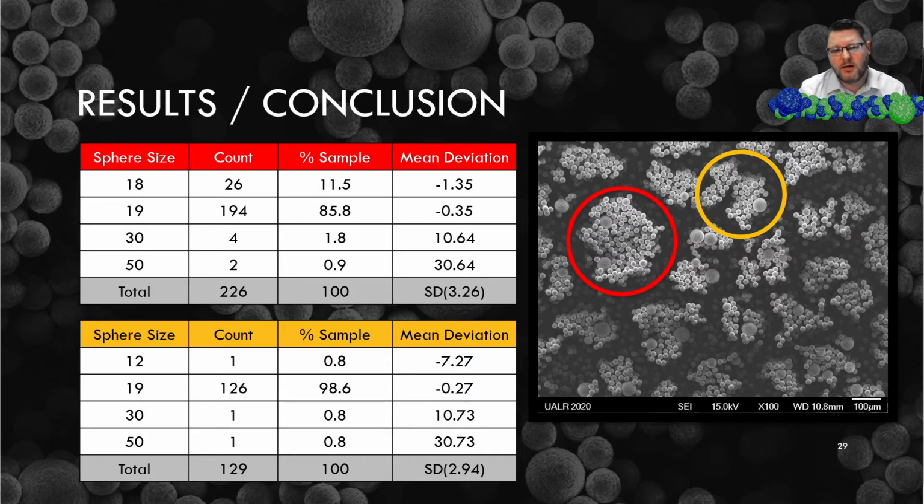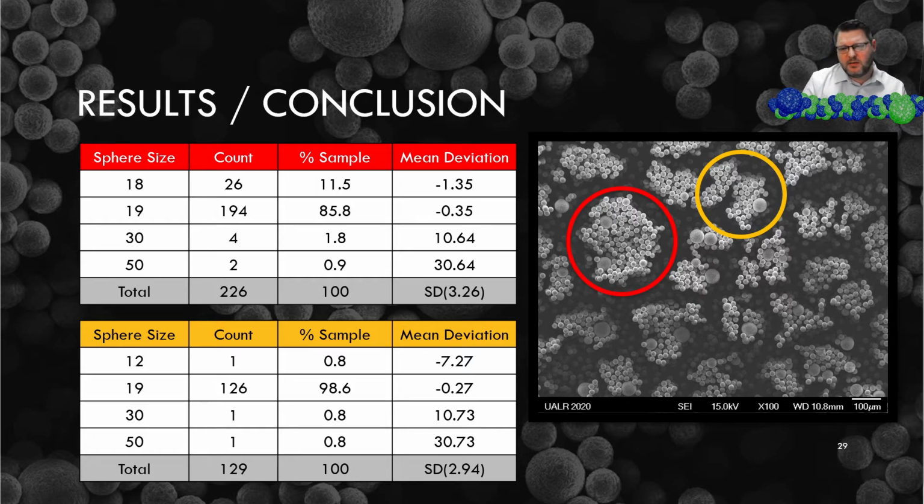There were 4 that I found that were around 30 and 2 that were around 50. And you can look, 85% of that red circle was all exact, right at 19 microns in size. In total, I found 226 spheres in that red circle.